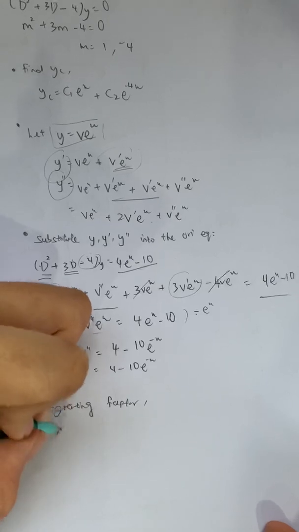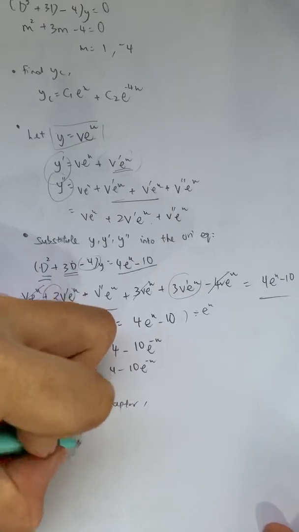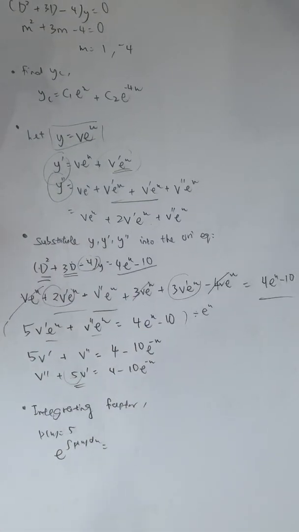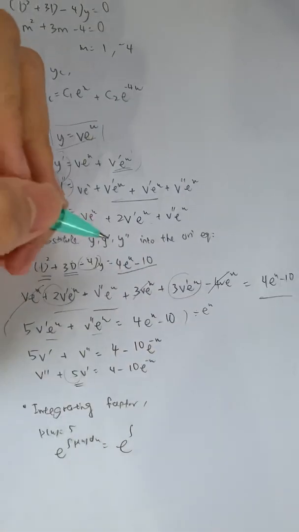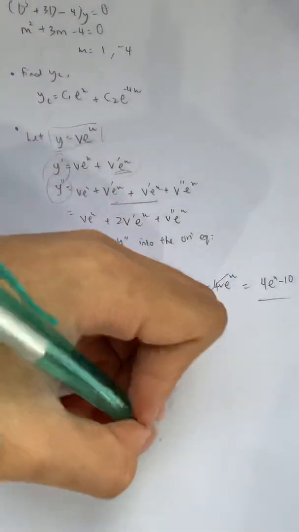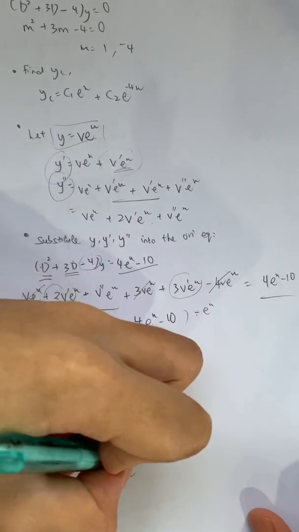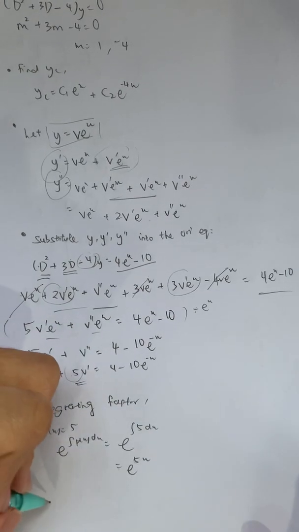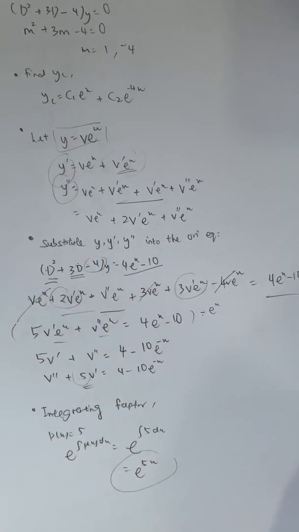So when P(x) is 5, we use the integrating factor to find the solution. So exponential integrate 5 dx, we get exponential 5x. Okay, next we multiply both sides with this exponential 5x.